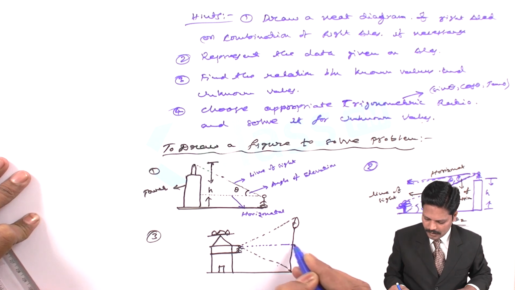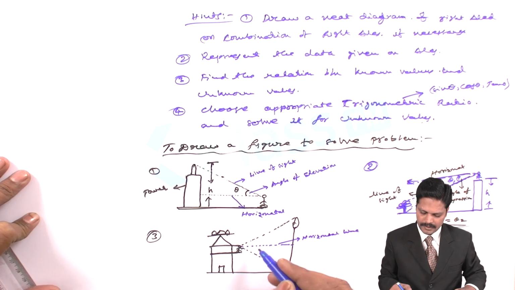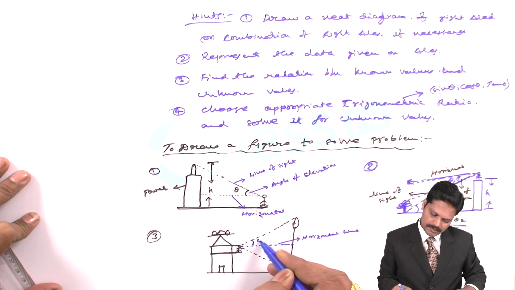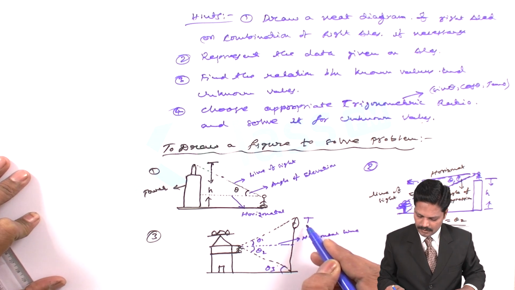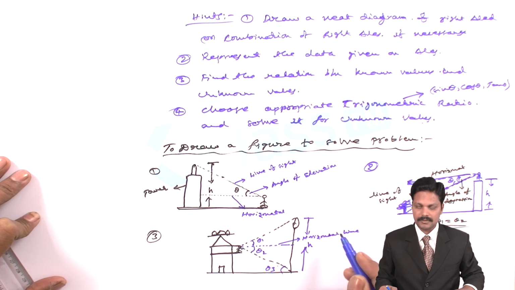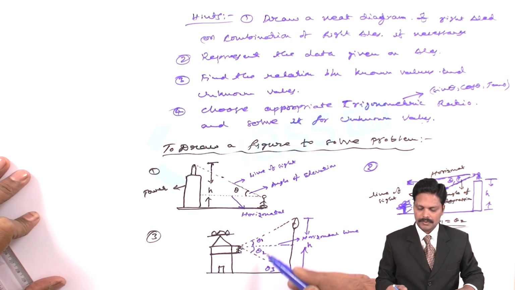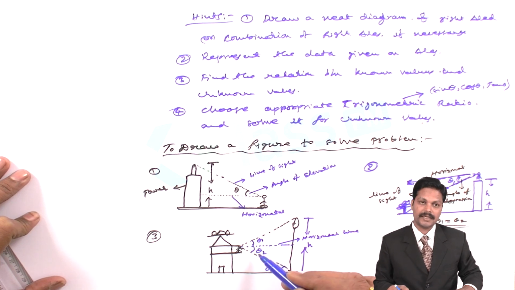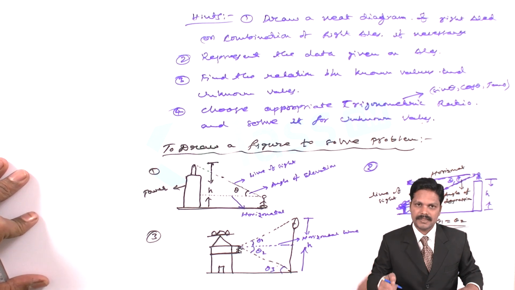This is the horizontal line for both diagrams. He is watching upwards, this is theta 1, and he is watching downwards, this is theta 2, and we take this one as theta 3, and this is the height of the balloon. So here we form two angles at a time, angle of elevation and angle of depression. In this manner we can arrange the diagrams to get the answer.